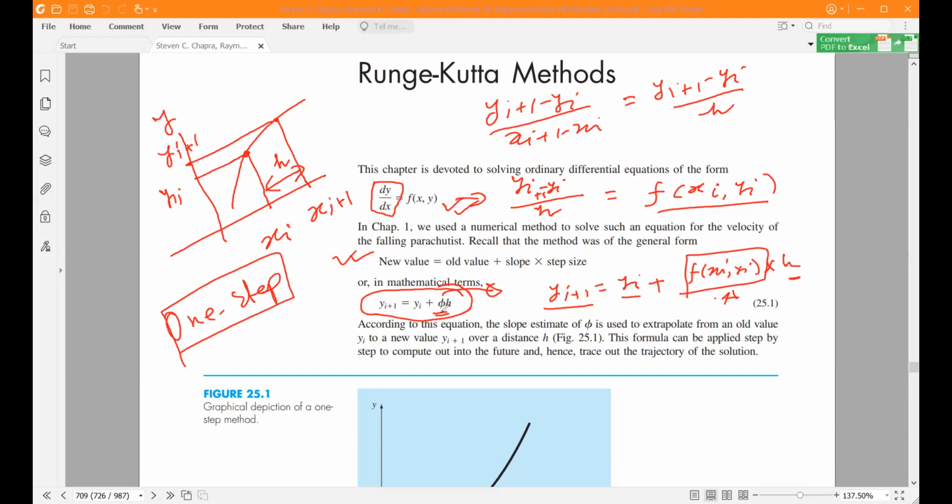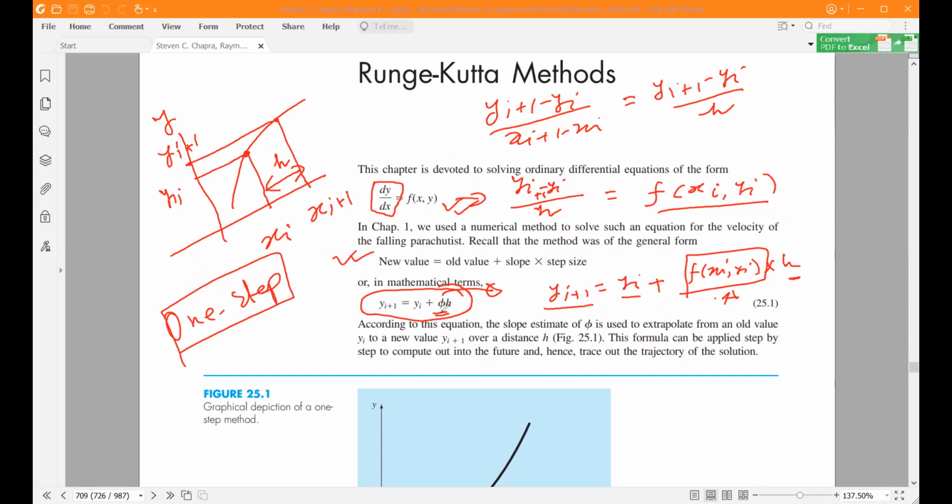If your h can be kept small, then the approximation of the slope will be better, and your solution will go closer to your actual solution.